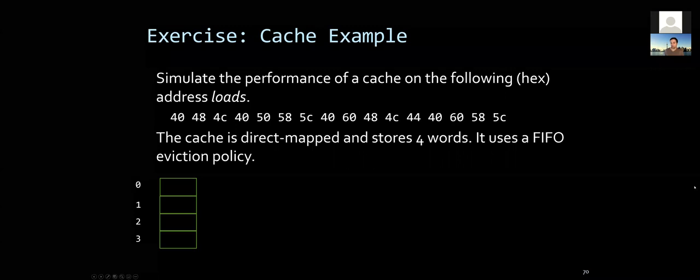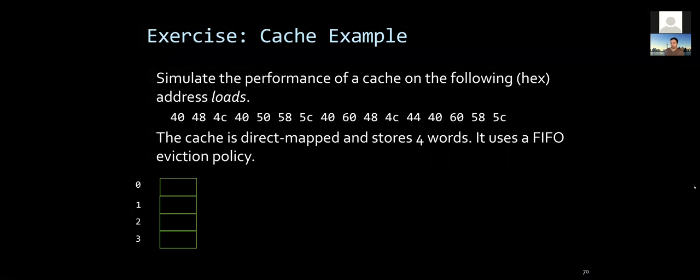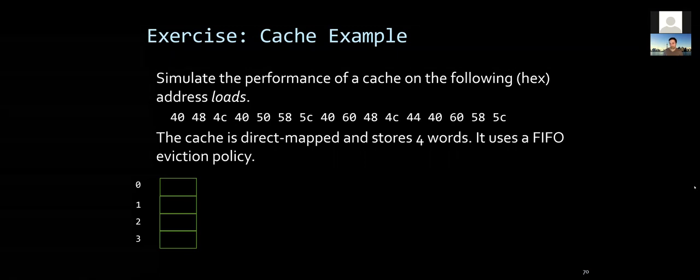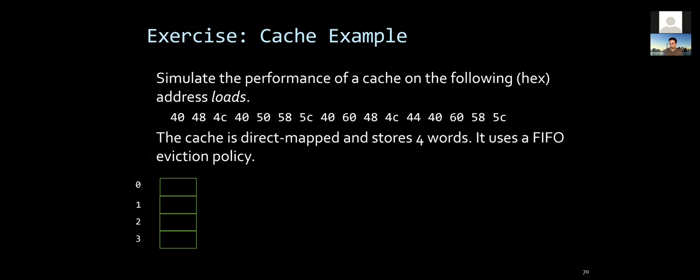Okay, Terry asked, I don't understand what you mean by the last 4 bits. So instead of 40, let's take a different address. Let's look at 42. Remember I said we only care about the last 4 bits.